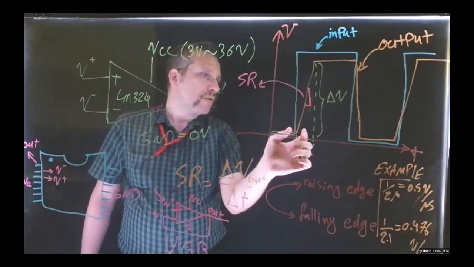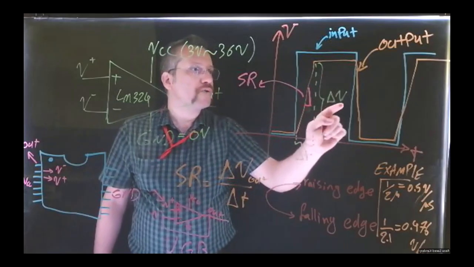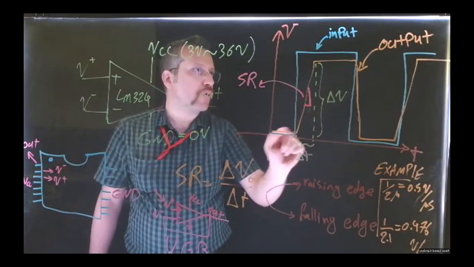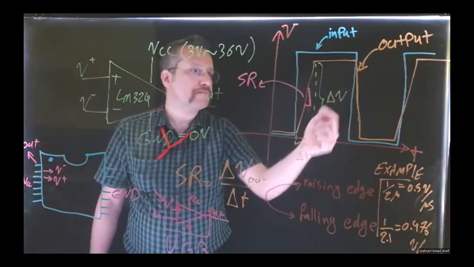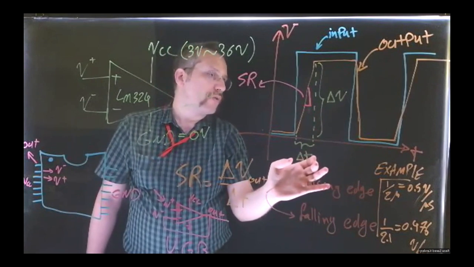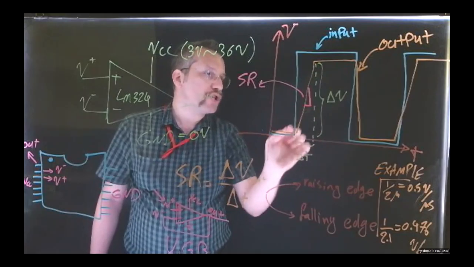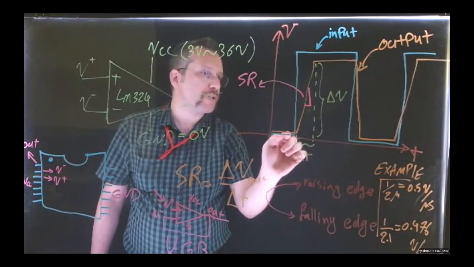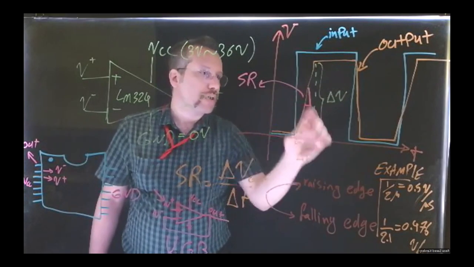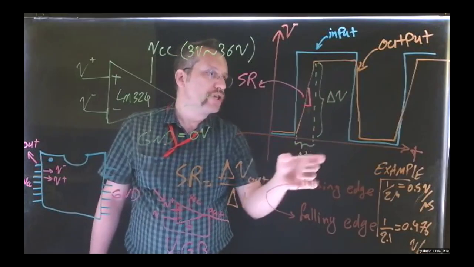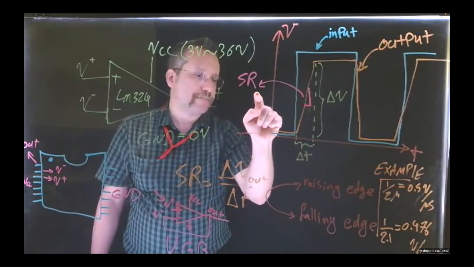The slope of this change, which is the amount of voltage change from 0 all the way to the peak voltage, this is delta V, over the time that it takes the op-amp to change the output from the lower level to the steady state top level, this ratio is going to define the slew rate.